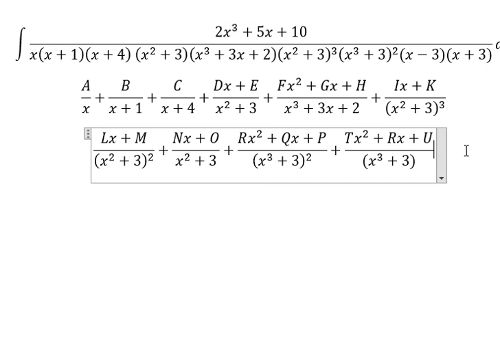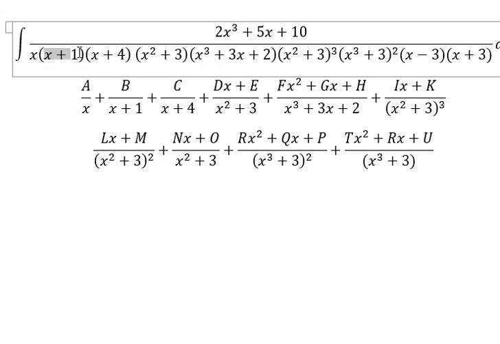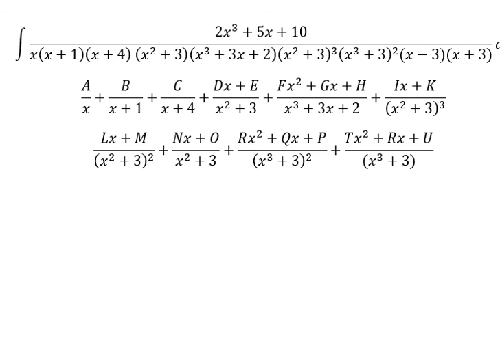So the last one is just like this. We just put Z over s minus 3, and Y over s plus 3.